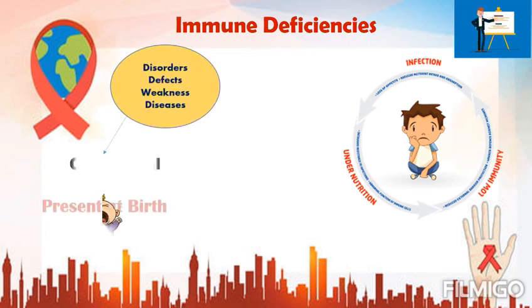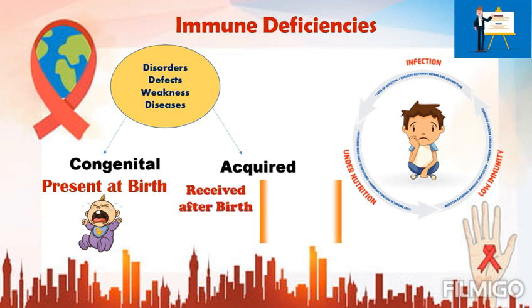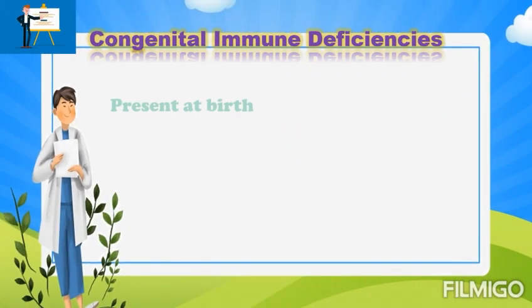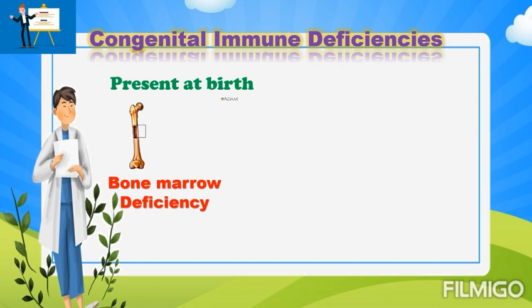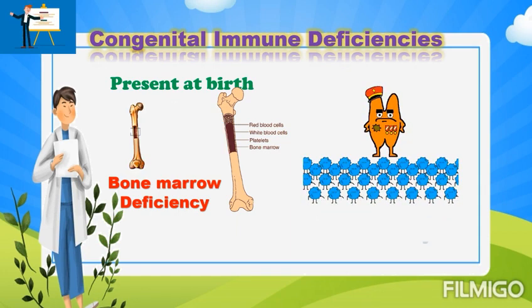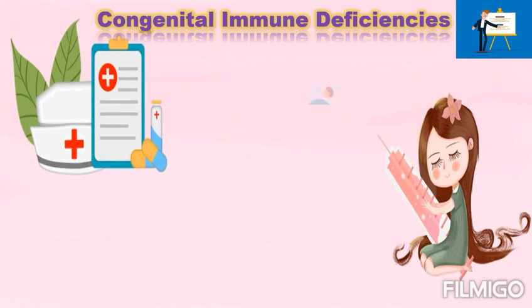These deficiencies can be either congenital, which means present at birth, or acquired, received after birth. Concerning the congenital immune deficiencies, which are present at birth, as we said previously, examples are a deficiency with the bone marrow, which is responsible for the production of your blood cells, or a deficiency with the thymus, which is responsible for the maturation of your T cells.